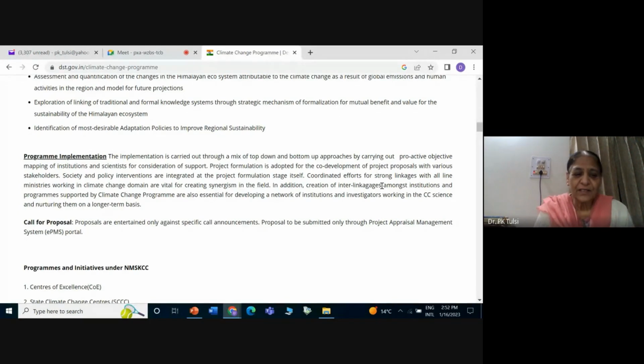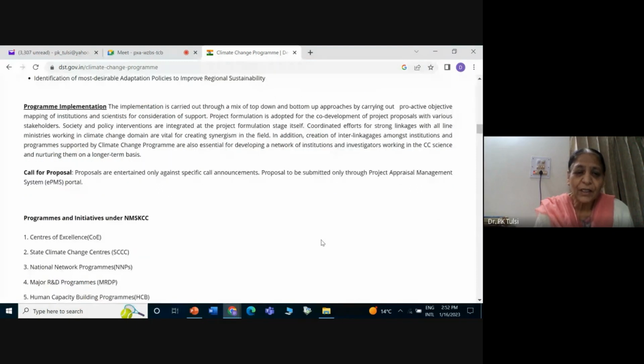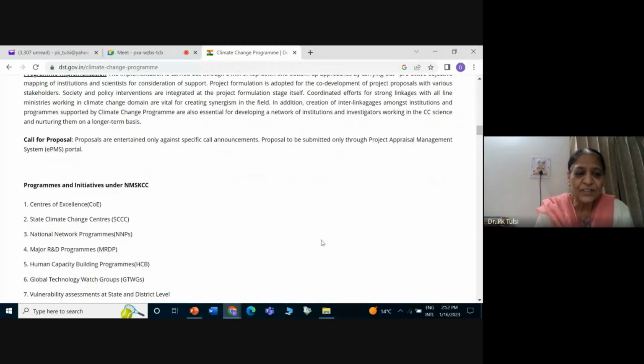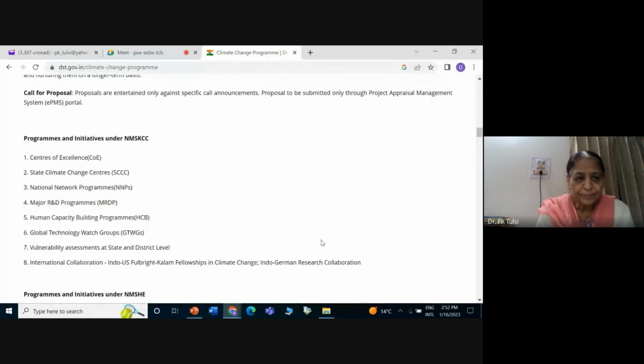So the basis of having a project, once the need has been identified, comes from the national missions and the programs which are floated or announced by the respective ministries. It is not only Department of Science and Technology, but other ministries which are involved in implementation of these missions. From time to time, they try to invite proposals.